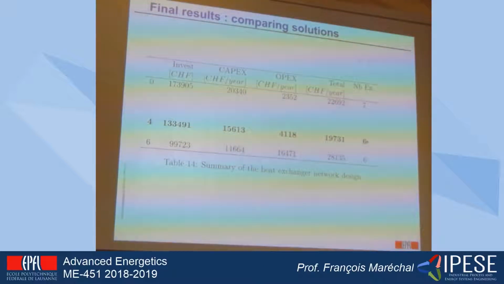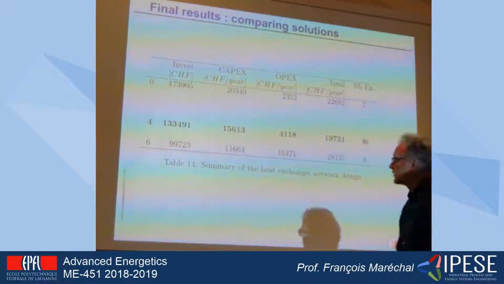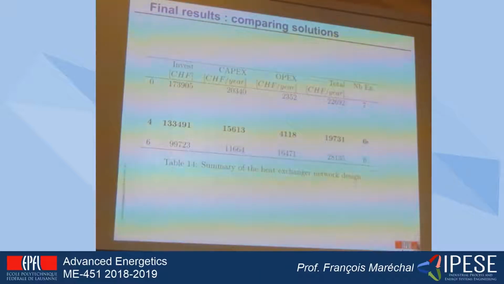Okay? This is coming from the fact that smaller heat exchangers could cost a lot per unit of square meter installed. So it means that now I have to take a decision because the total cost of this one is indeed smaller.